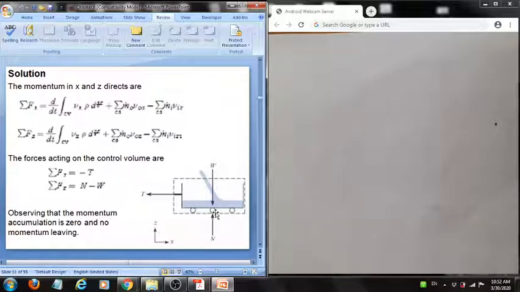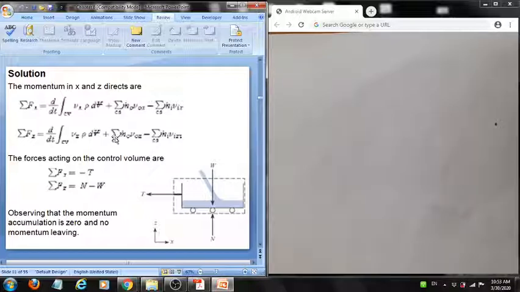Now we apply this in 2 directions: the x direction and the elevation direction. We take our general momentum equation and decompose it one time in the x direction and the other time in the z direction, as seen here.